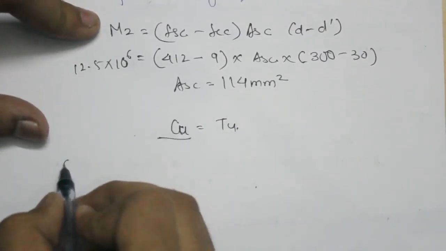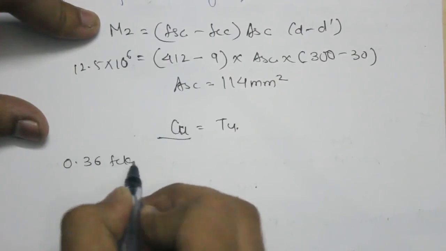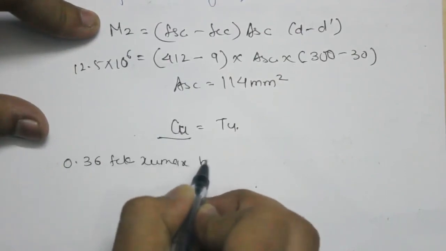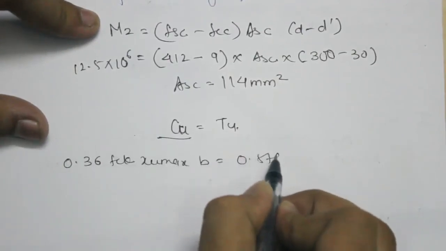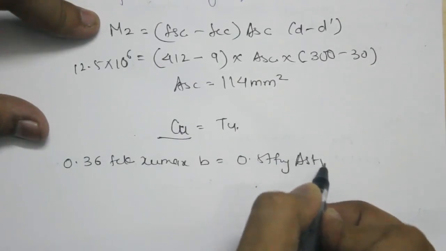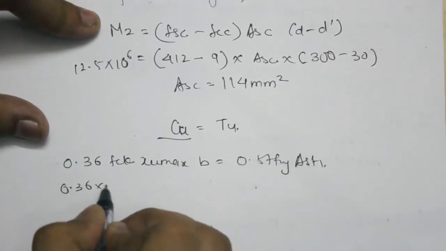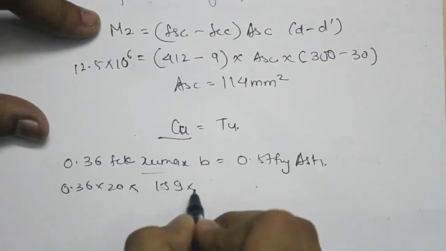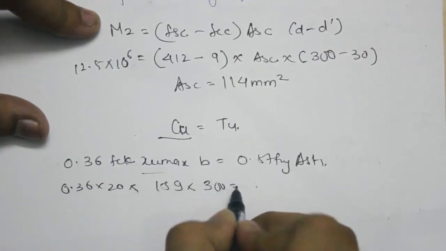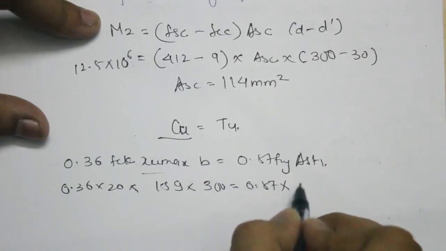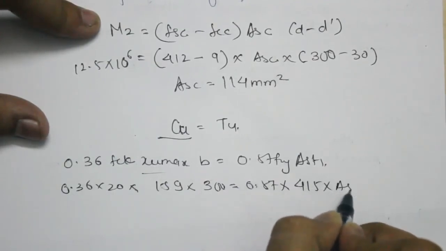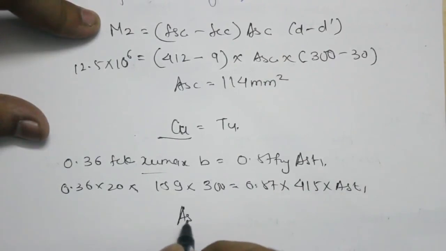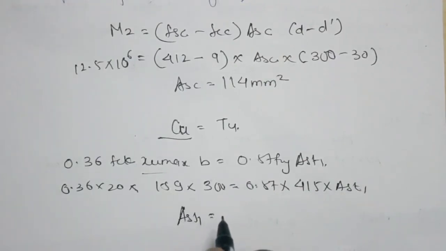So for a singly reinforced beam it is 0.36 FCK XU max B is equal to 0.87 FY AST1. This was 159 multiplied by 300 equals 0.87 multiplied by 415 into AST1.